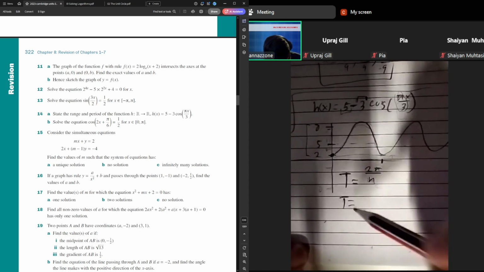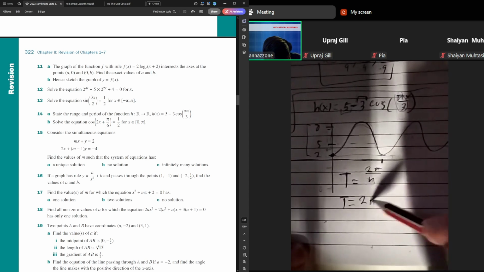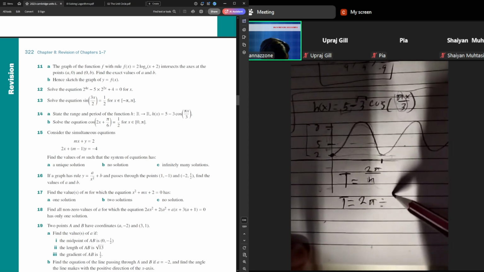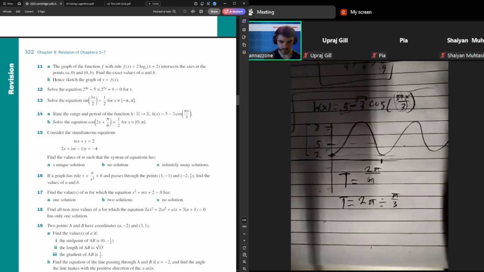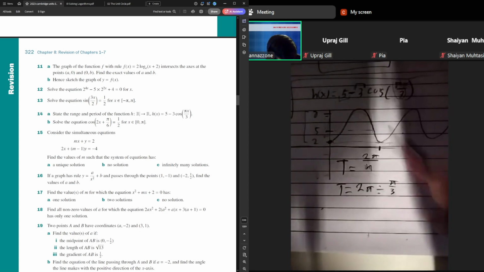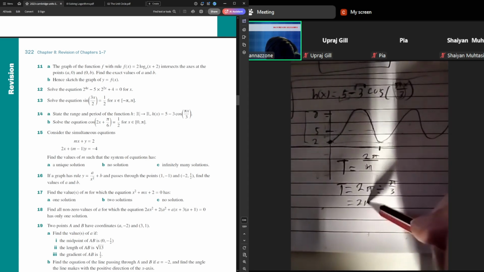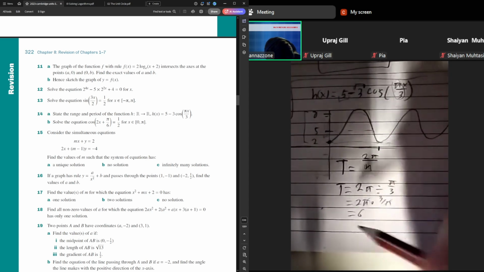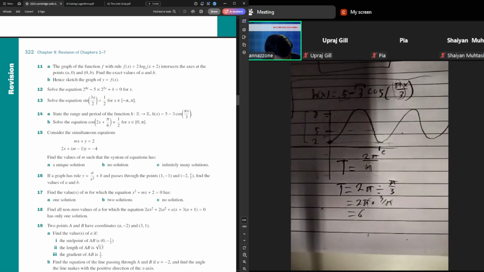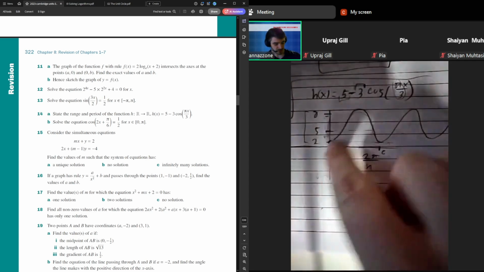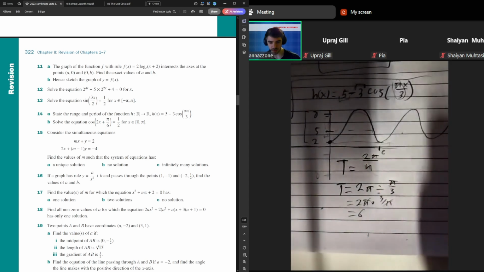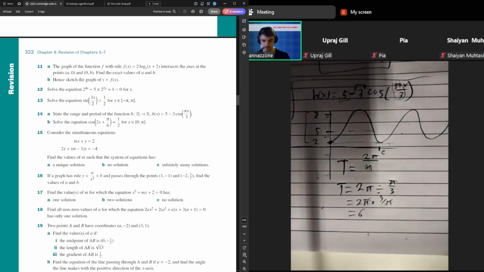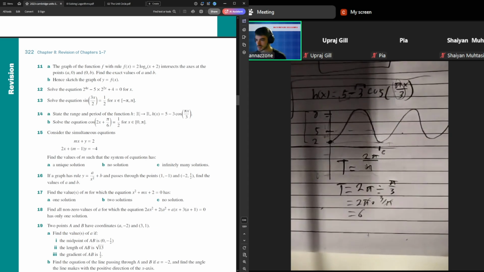So capital T is equal to 2 pi divided by n, so divided by pi on 3. Dividing fractions, you just flip it to multiplication. 2 pi times 3 on pi. Pi's cancel. Period of 6. So we know it takes 6 x units for the circular function to repeat once.